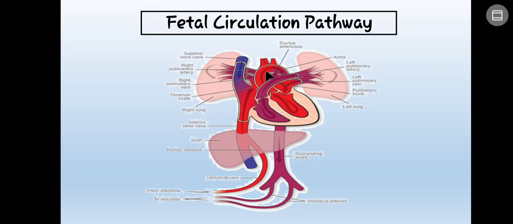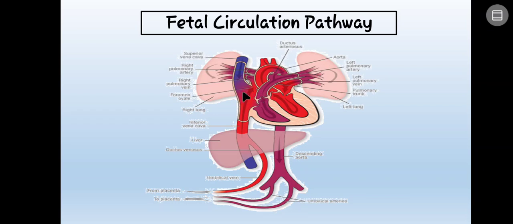So there is a bypass here called the ductus arteriosus, and it helps the blood move directly from the pulmonary artery to the aorta, so that it goes directly into the baby's systemic circulation. Okay, good. That is it.